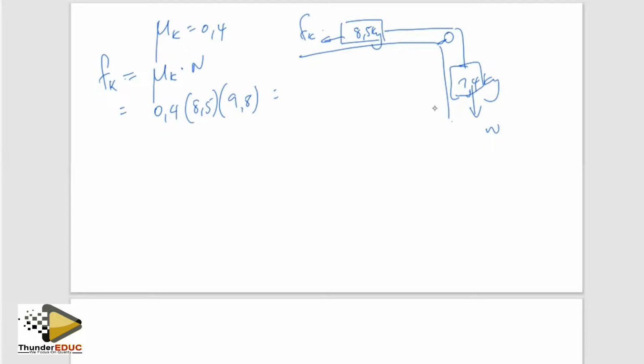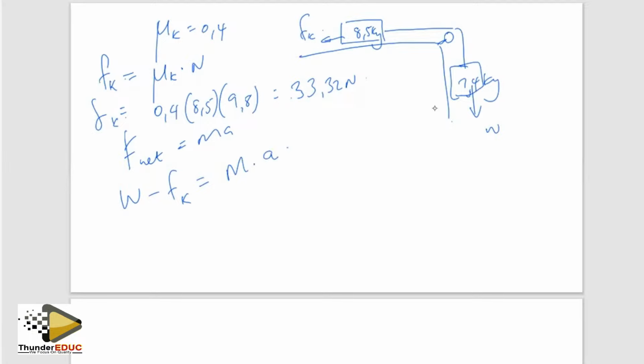That gives me 33.32 newtons. That is the kinetic friction force. Then using F net is equal to MA, I'm going to have the weight minus Fk must give us the mass as well as the acceleration.